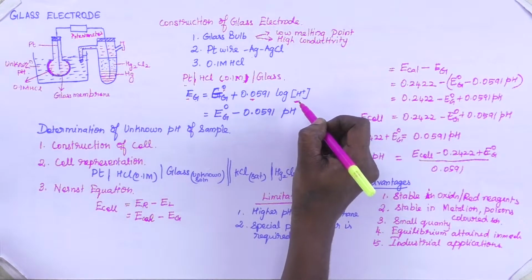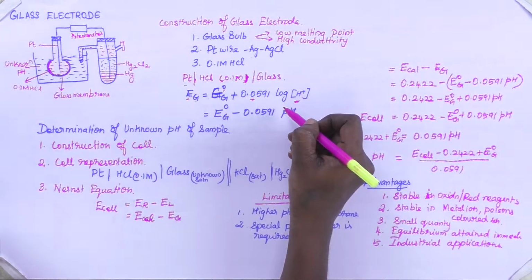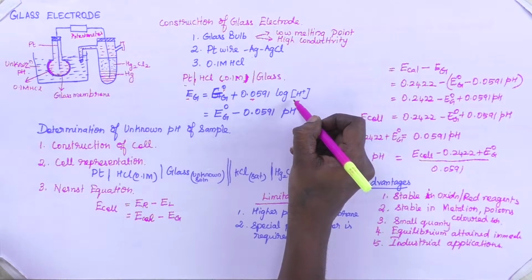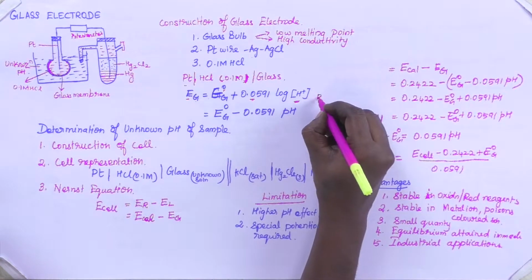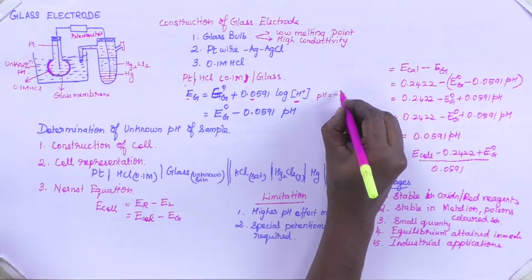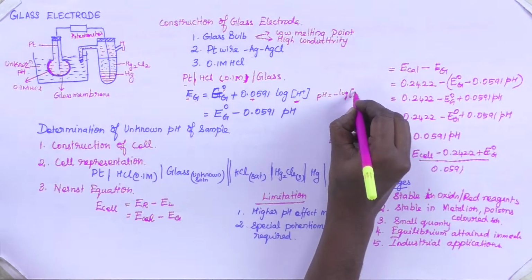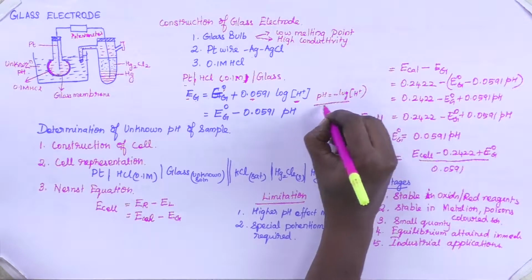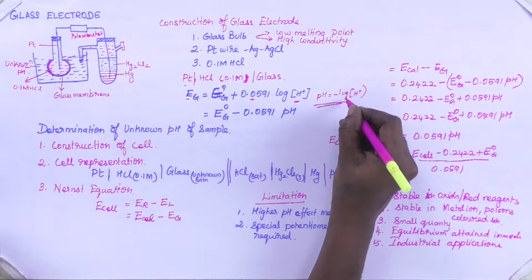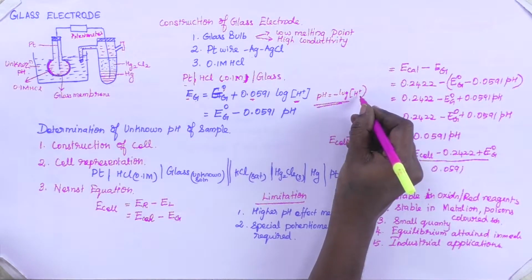And now we have to conclude how we can use this equation for the determination of pH. We know that pH is nothing but the negative logarithm of the H plus ion concentration, so pH is minus log of H plus.